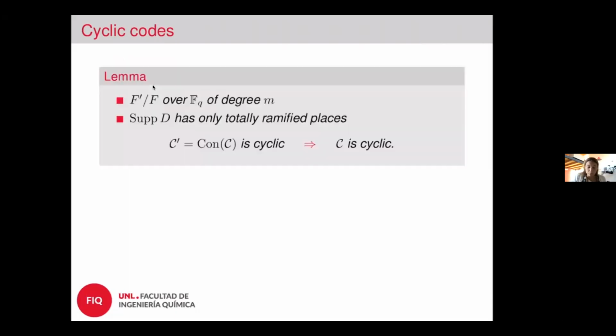And what we prove is, well, first, if I have a finite extension such that all the places in D are totally ramified places in F prime, then if the conorm code is cyclic, the original code was cyclic too.